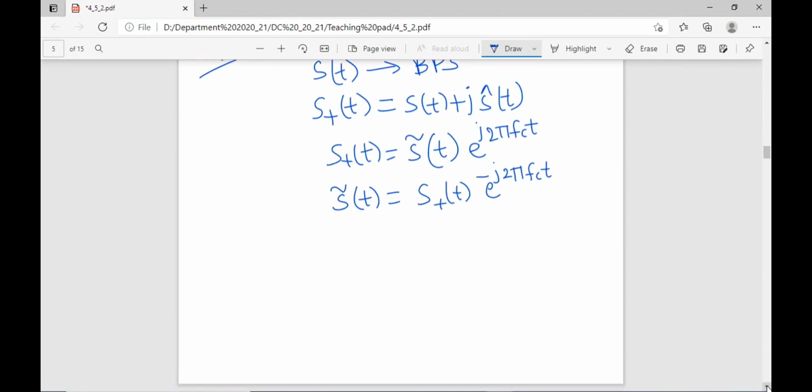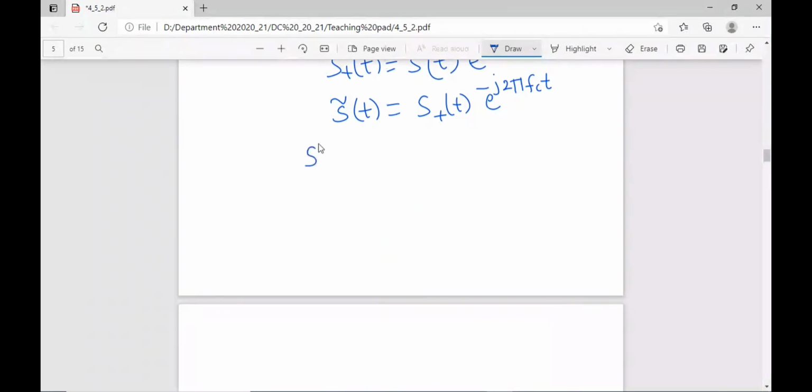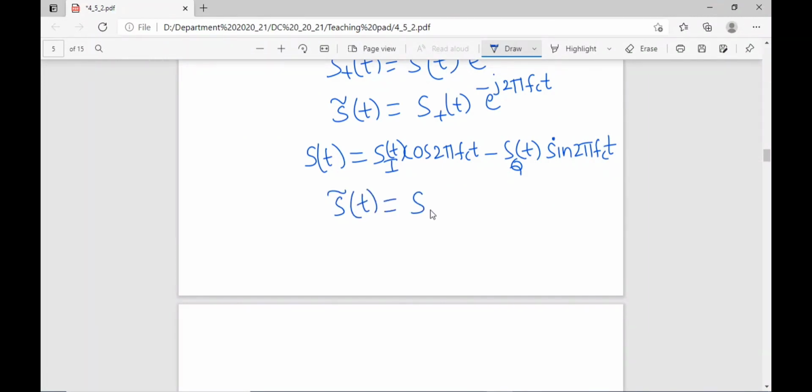Okay, so this is all we have seen, and along with that we have also seen that if the signal is a band pass signal, then we can write it in the canonical form as s of t equal to s_I of t cos 2 pi fct minus s_Q of t sine 2 pi fct, where s tilde of t can be represented as s_I of t plus j s_Q of t.